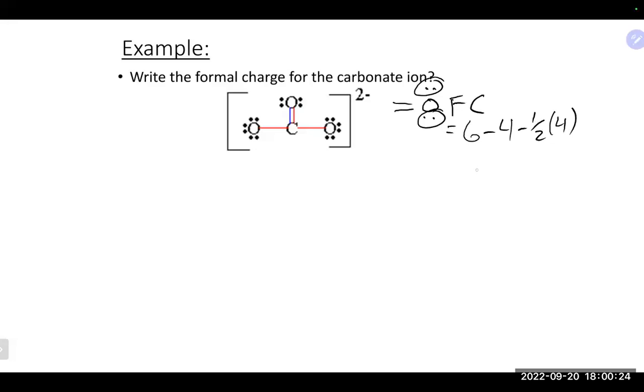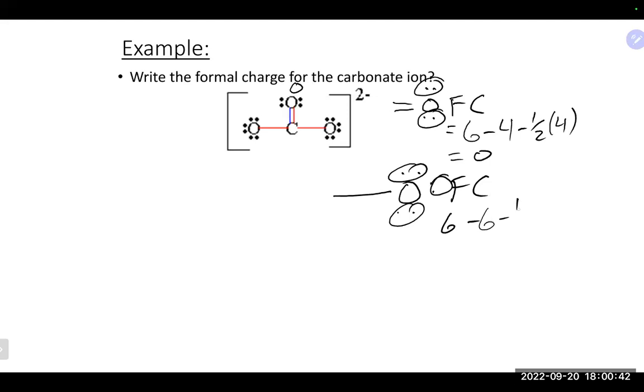That is 6 minus 4, which is 2, minus 1/2 of 4, which is 2 as well. So that's going to give us 0. So this guy is 0. Our oxygen that's single bonded here would be 6 minus 6, minus 1/2 of 2, going to be -1. The guy on the left there will be exactly the same.